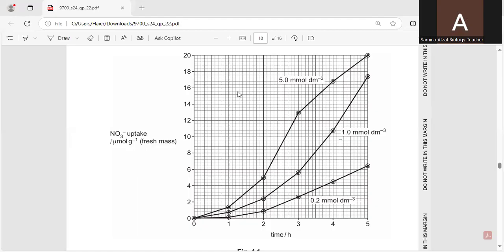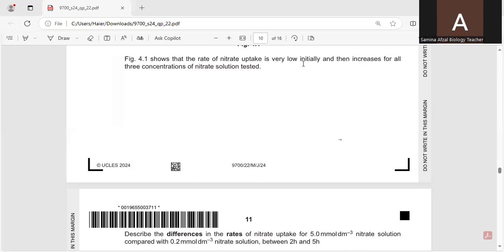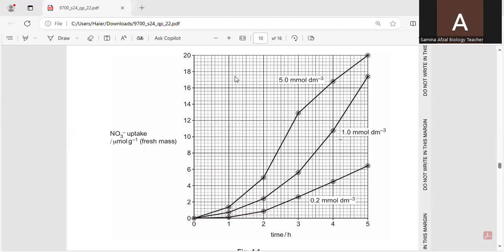Now the question is to show that the rate of nitrate uptake is very low initially and then increases for all three concentrations of nitrate solution tested. First we observe the curve for 0.2, which increases at a constant rate, whereas the other one first increases, then decreases, then increases, so it is not a regular increase.